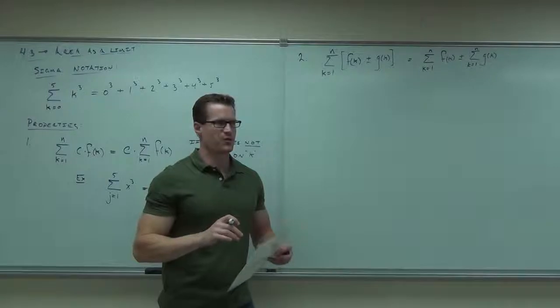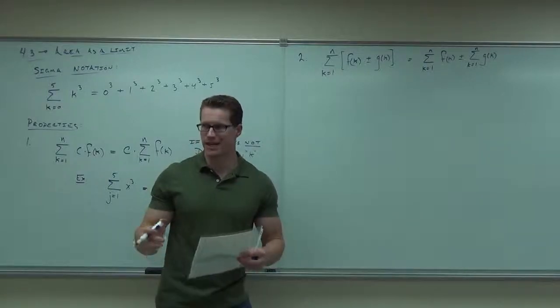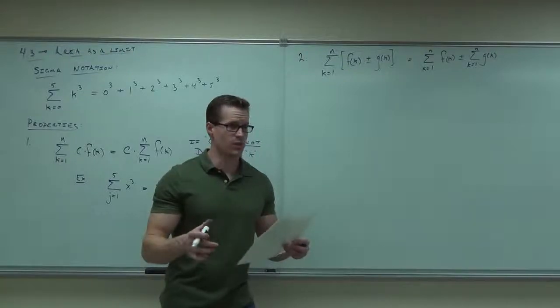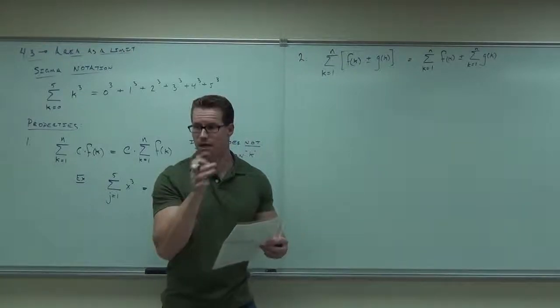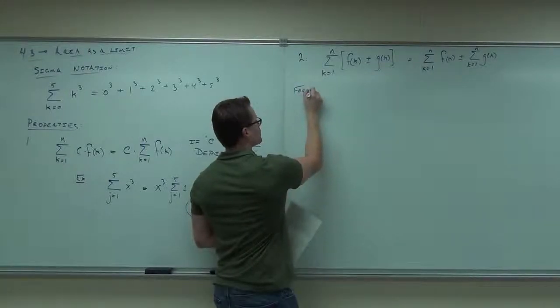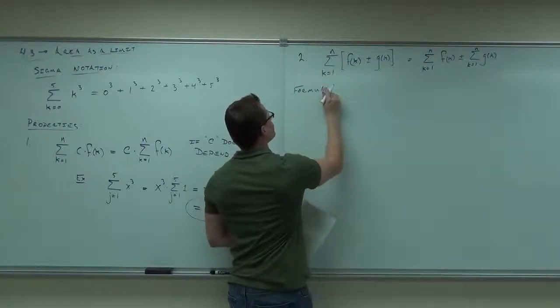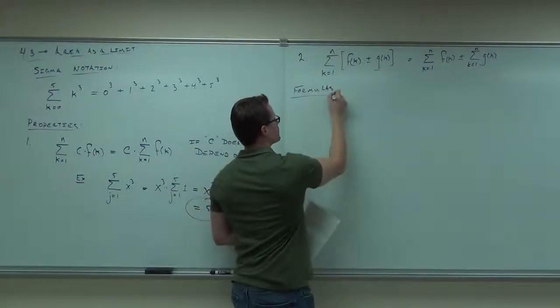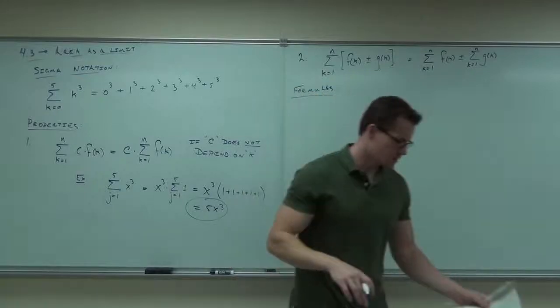We got to do one more thing before we get into actual theory on why this stuff works. I got to tell you some ways to manipulate these things, the way that you can figure out some sums, which is kind of nice. The formulas. Now these are in your book, but I'll give them to you explicitly. The most common ones that you're going to use.